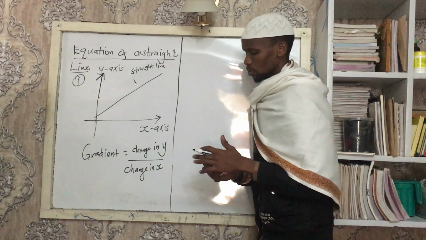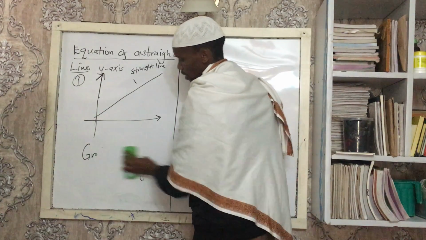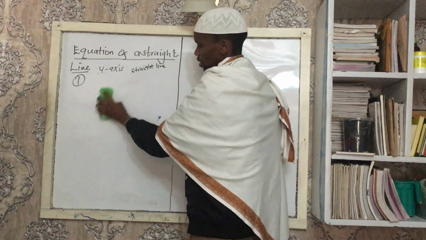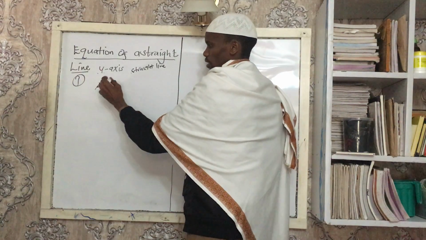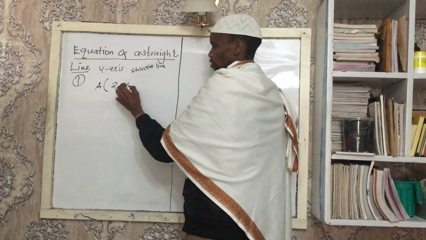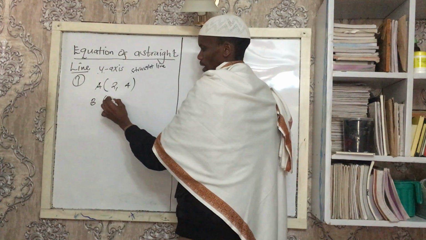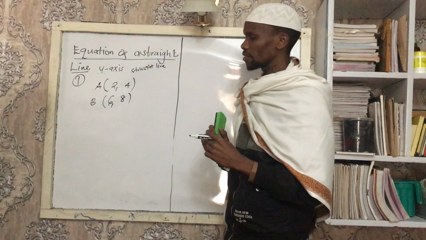Now, still on gradients, I want you to assume, Najib, that we have points you have been given. We call them the coordinates, like maybe A is (2, 4) and B is (6, 8). Are we together? That is the coordinates we are always going to be given.